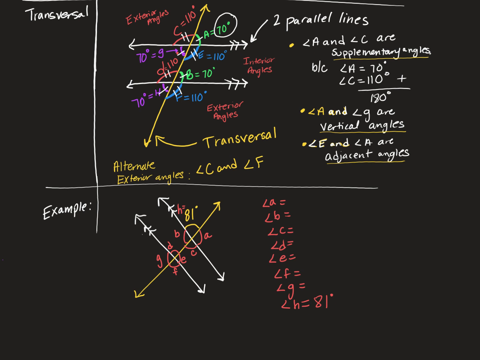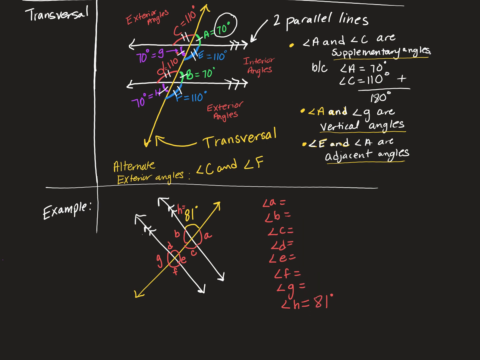Now remember that angle A and angle H are supplementary, which means they have to add up to equal 180. That should help you find the degree measure of angle A and then figure out which angles are vertical, which are adjacent, which are corresponding, alternate exterior, alternate interior, all of that. And fill in these measures right here.